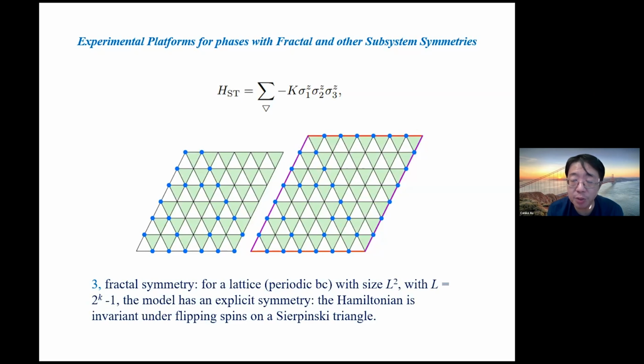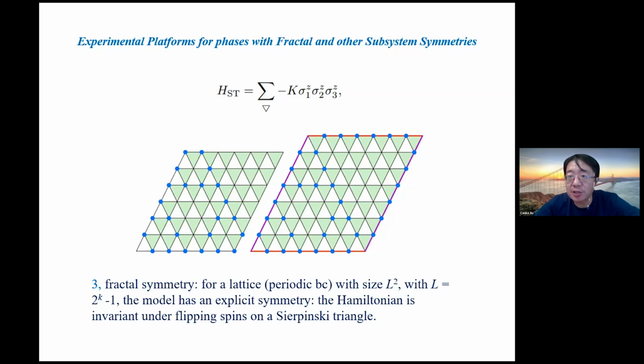The operator is a product of sigma x on a Sierpinski triangle subset of the lattice. So this is an explicit subsystem symmetry. It means the conserved charge is a product of a certain operator on a subsystem of the entire lattice.